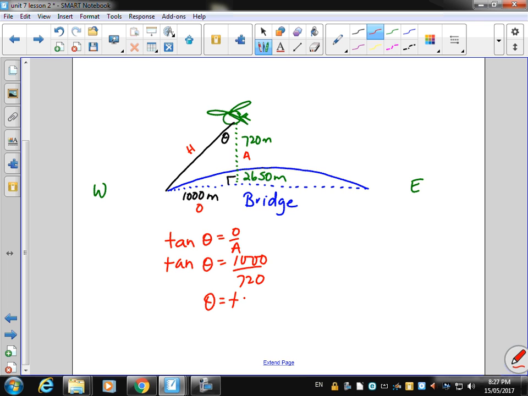The opposite of tan is inverse tan. So shift tan on your calculator. If you put 1,000 divided by 720 in brackets, it can save some errors. And my angle is 54 degrees.